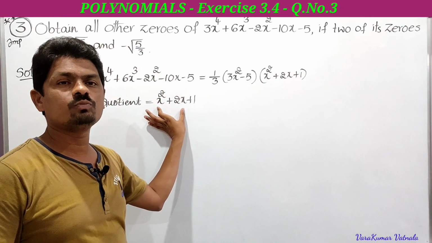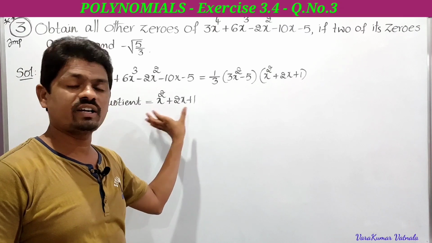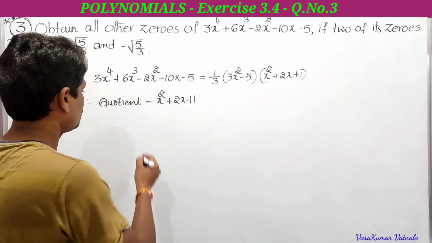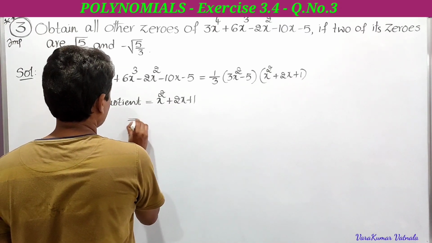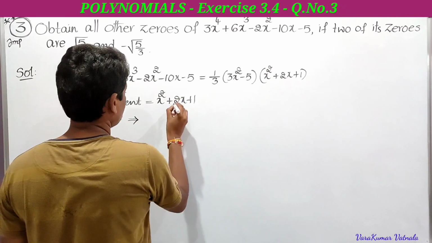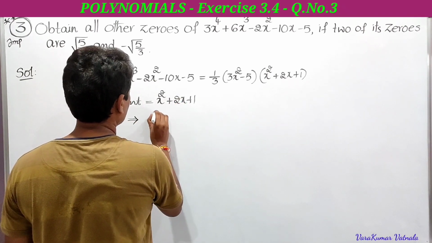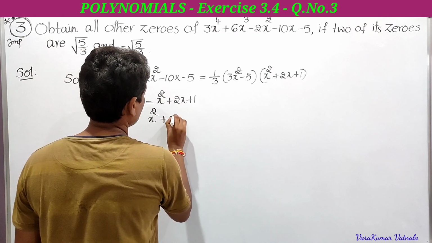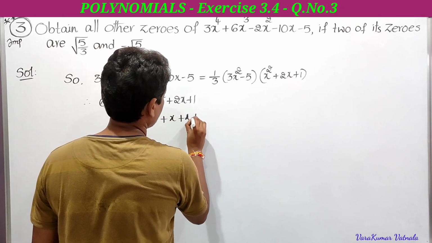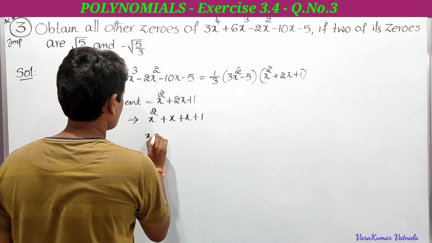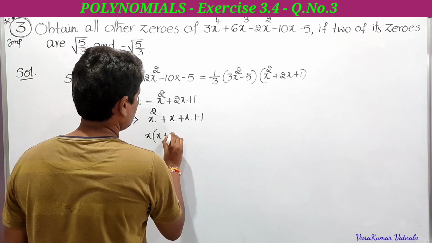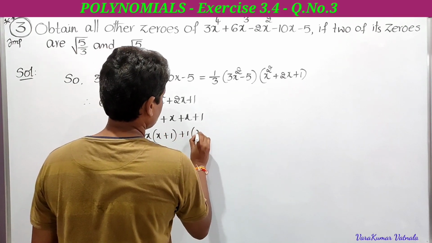Now we have to find the factors by splitting the middle term. So it is nothing but x plus 1, x plus 1. So x square, write this 2x as x plus x. Here x is common, x plus 1, here plus 1 is common, x plus 1.